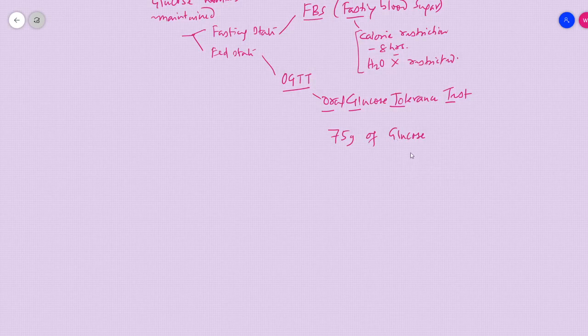Okay, so practically what happens is 75 grams of glucose is dissolved in 300 ml of water, and then the patient is asked to drink it within 5 minutes.